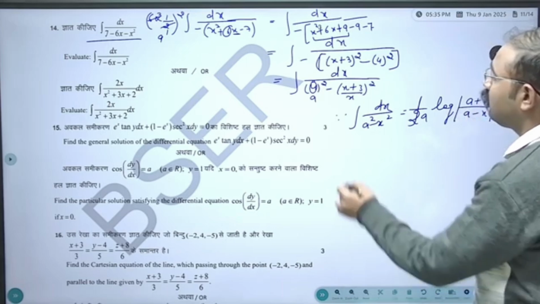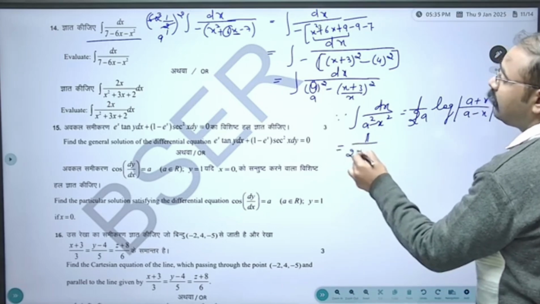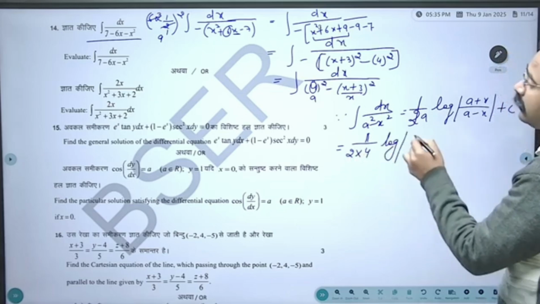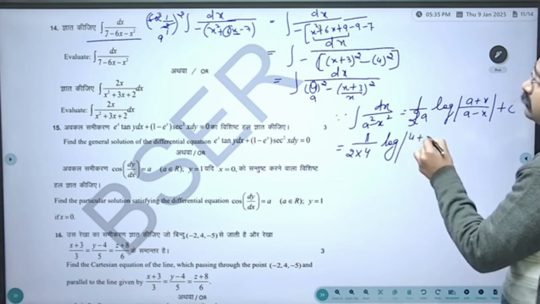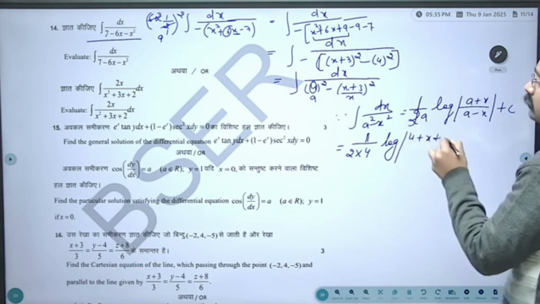This is our formula. So simply put all these values: 1 upon 2 multiply, in the place of a, 4, log mod (a plus x). What is a? 4 plus x, in the place of x, x plus 3.